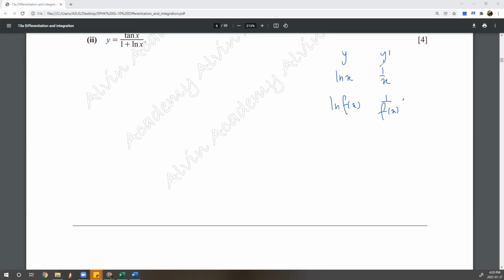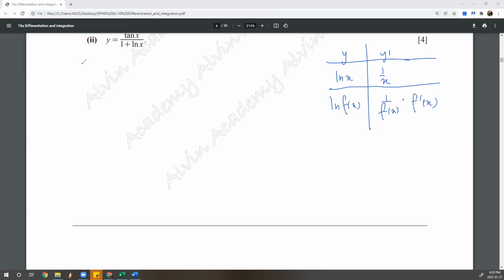Right? Ln is always 1 over. But if you have a function inside the ln, you need to multiply with its chain rule, the derivative of f(x). It's the same, right? Totally same. But in this question, we only need to use the first formula.